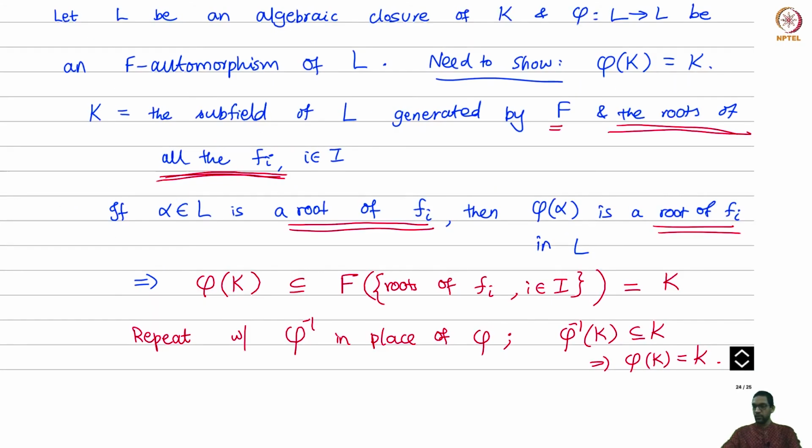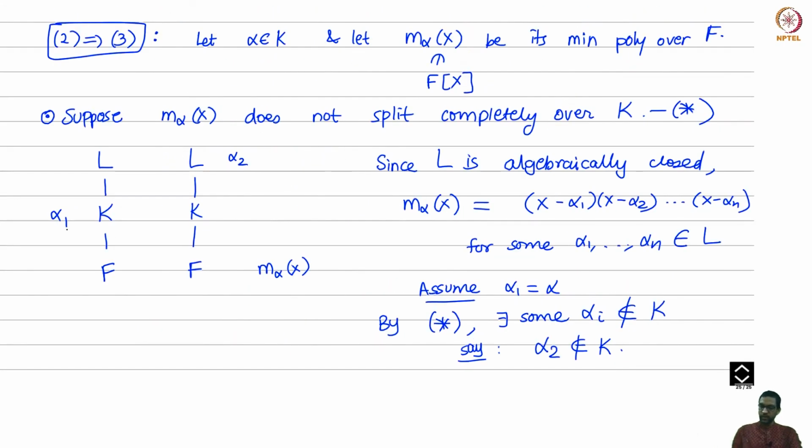Now because we have alpha 1 in K and alpha 2 which is not in K, let's use these two to define a homomorphism. The idea is to define a homomorphism which will map alpha 1 to alpha 2. If you can do that, then we would have gotten a contradiction to 2. So that's what we'll try and do now.